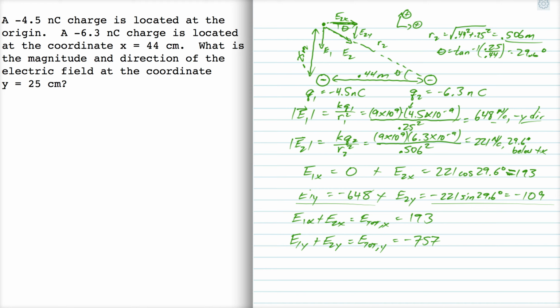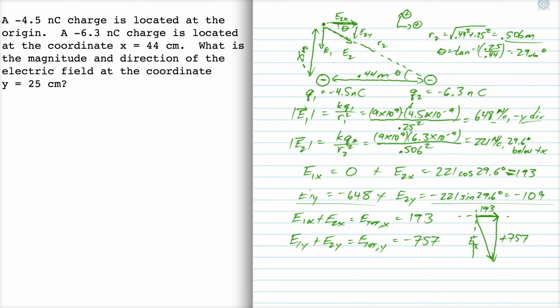Okay, so now I have the components of my x and y. So if I make myself a little coordinate system here, I have that my total x electric field is plus 193, and my total y is minus 757. So my vector is going to be down here. Probably should just call this 757.